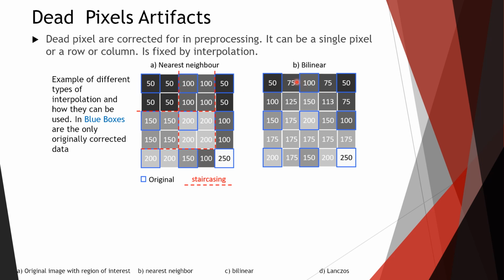That's the nearest neighbor. The bilinear is a little more robust, and it's taking in multiple groups of data. So if this is the original data, and this is missing right here, this is a dead pixel, it's taking the 50 and the 100 and averaging that, okay? This one, it's averaging all these values right here, and it's getting 125.